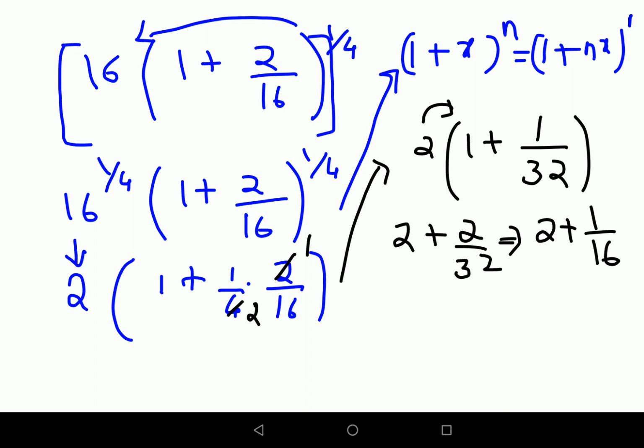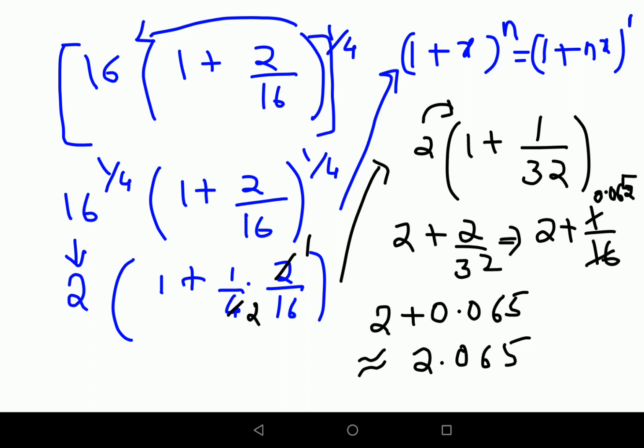Okay, so basically that is nothing but what? 2 plus 0.0625, or sorry, 0.065, my bad. So this will become 0.065. So this finally becomes 2.065. That, my dear friends, is the answer for the fourth root of 18.